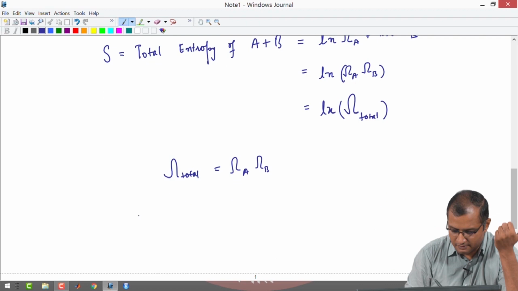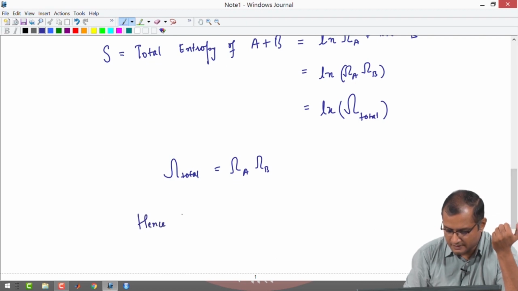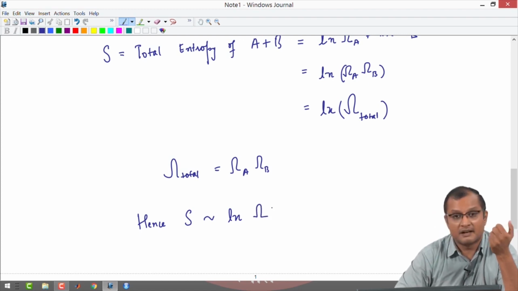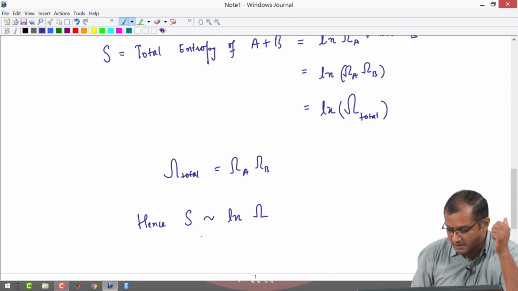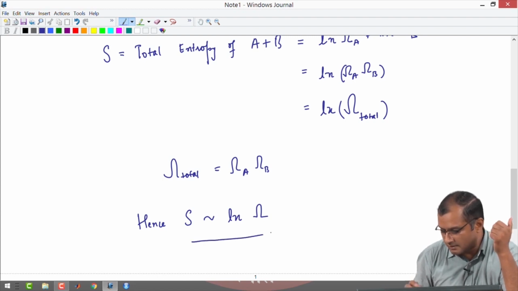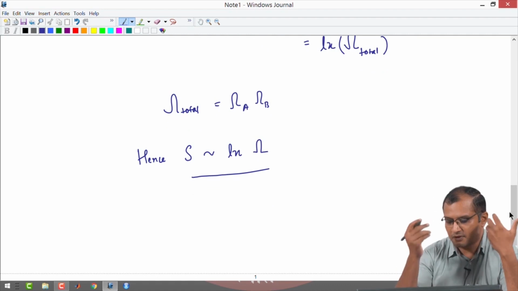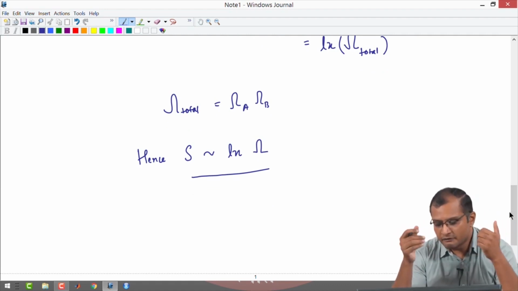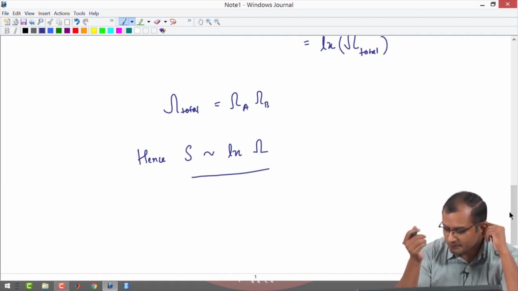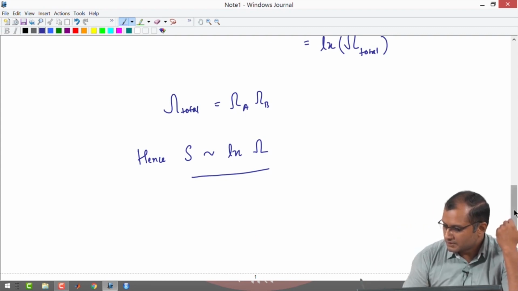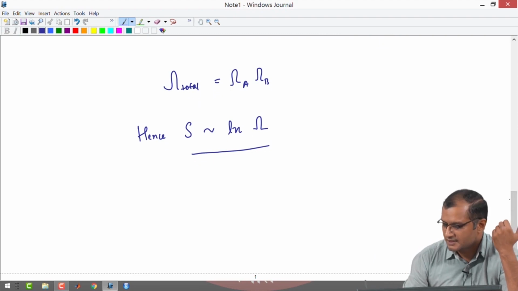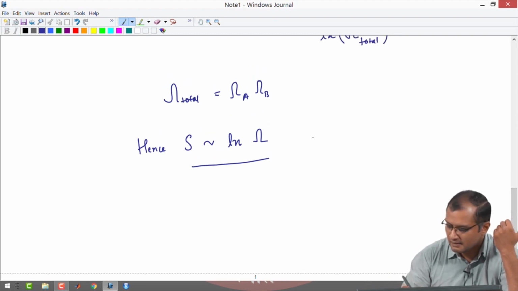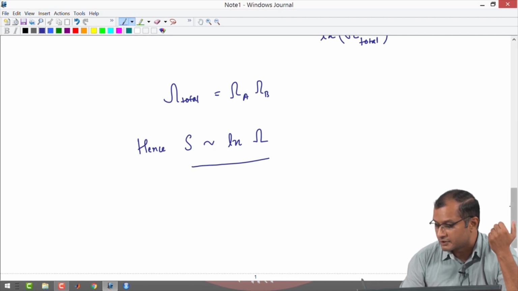So, hence you expect S to be logarithmically related to the number of states accessible to a system. Any other mathematical formulation for entropy and total states will not lead to additivity. Okay. So, this is the reason why Boltzmann has taken entropy to be logarithmically related to the number of states.